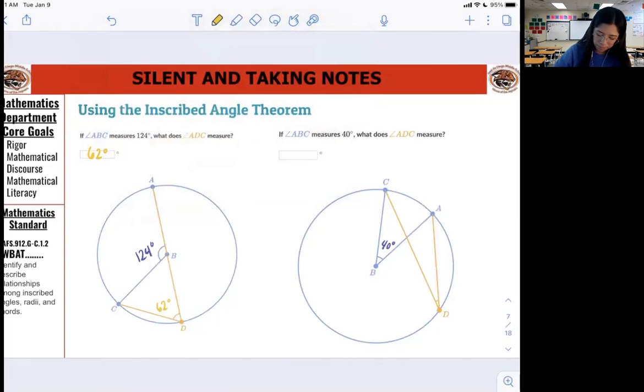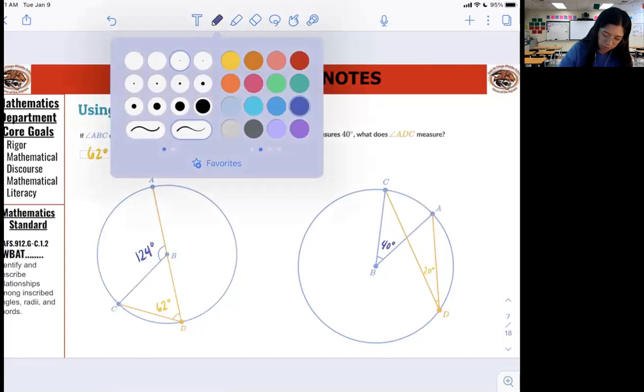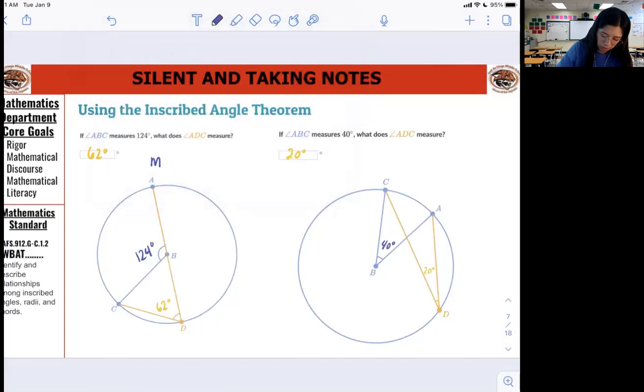Good, 20. Now, what's the measure of AC? What's the measure of AC?